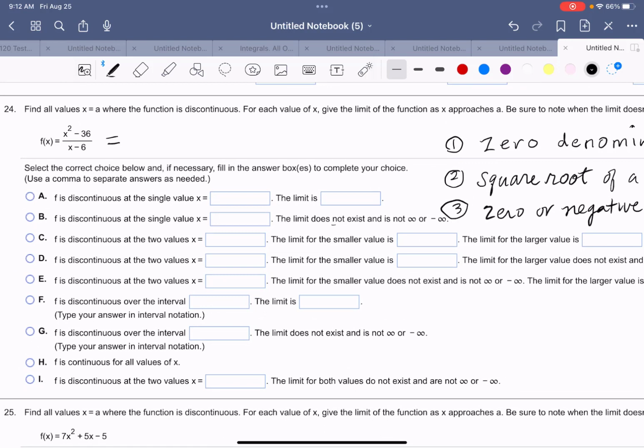And the first thing we need to note, though, is that x can never be 6. The reason for that is it would cause a zero denominator. So this is going to be your point of discontinuity.